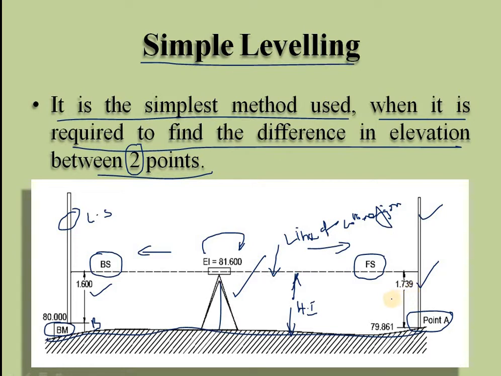By calculating these readings we get the height of the instrument. The formula is HI is equal to RL plus backsight. Backsight is the reading, and RL means the benchmark. Then we get the height of the instrument.